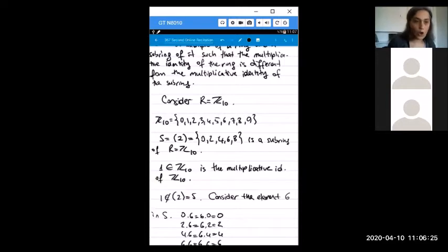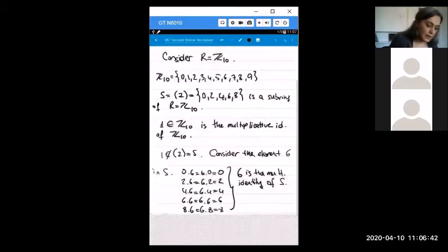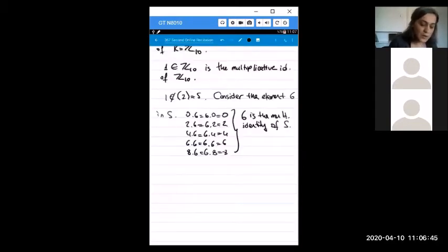And we apply the multiplication with 6 to all elements in S, right? So here, 6 is the multiplicative identity of the subring S. By these multiplications, we have shown that it is the identity, but 6 is different from 1 in Z10.